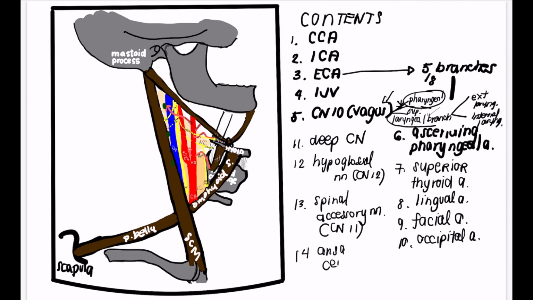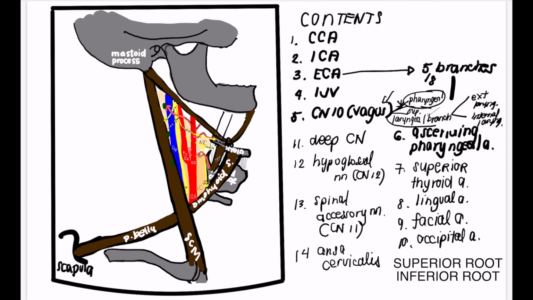Now, our last structure is the ansa cervicalis, or C1, C2, C3. It is a loop of nerves which are formed by C1, C2, C3 that innervates the infrahyoid or the strap muscles, specifically the sternohyoid, sternothyroid, and omohyoid.